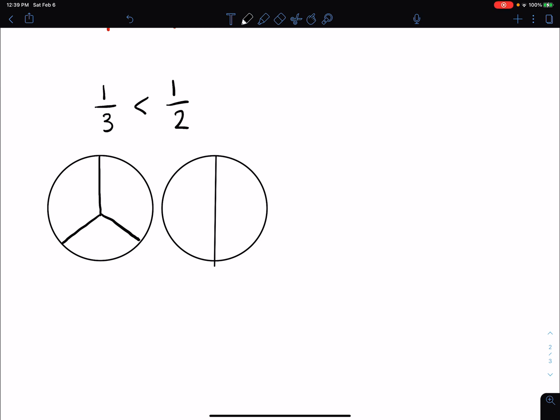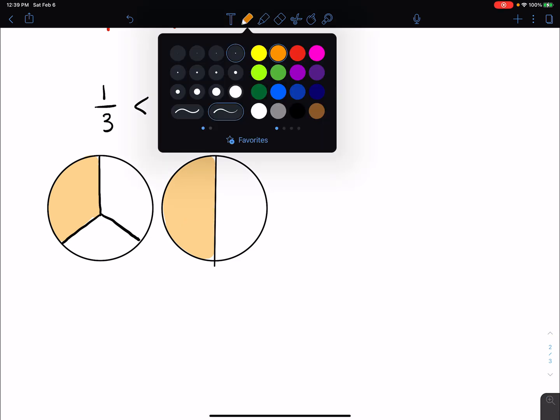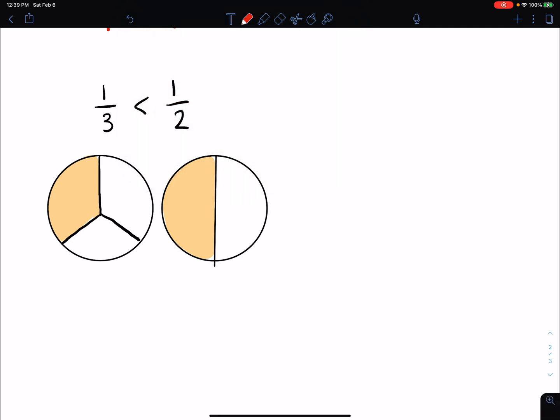Okay, 1/3. So I know I need to shade 1/3. And over here, I know I need to shade 1/2. So if I wanted to help myself visualize with my red, I'm going to cut this 1/3 in half.